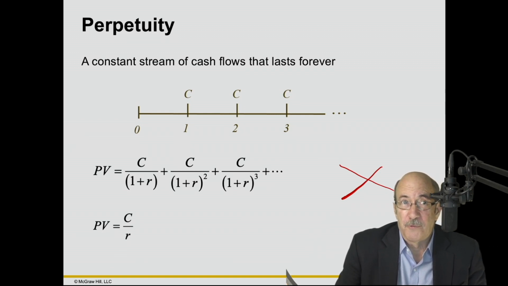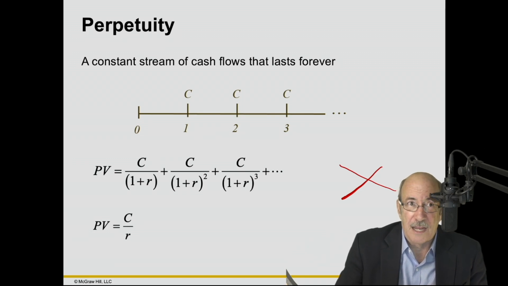Certainly by year 40 or 50, definitely year 100, they just become tiny. And it turns out that using a Taylor series expansion, we can do a little bit of math, and we can estimate that value by simply dividing the cash flow by the discount rate. C divided by R.